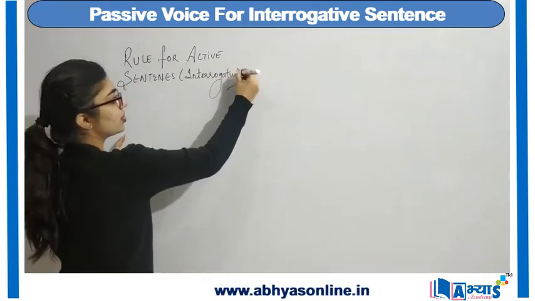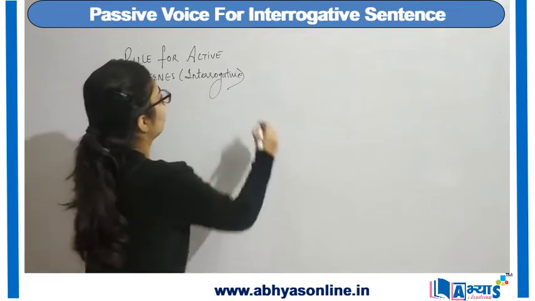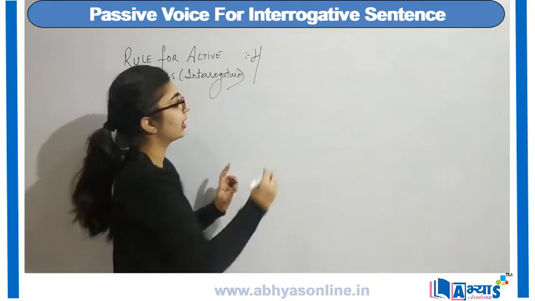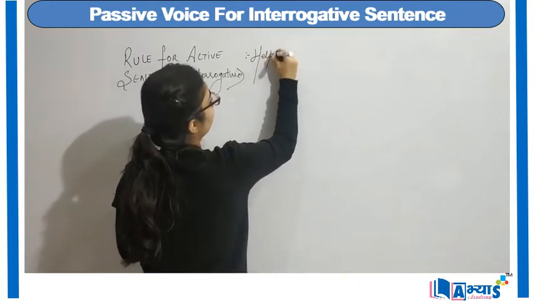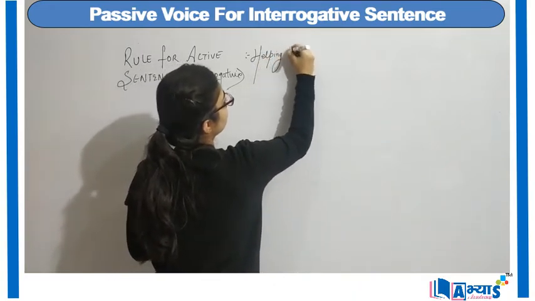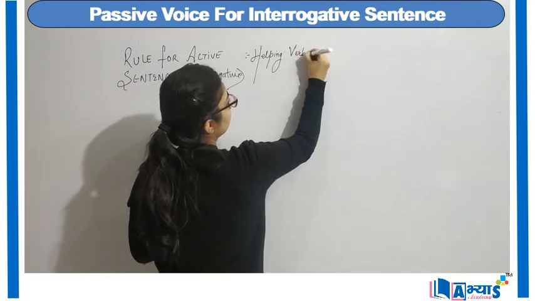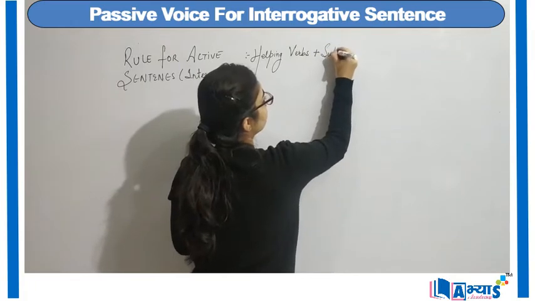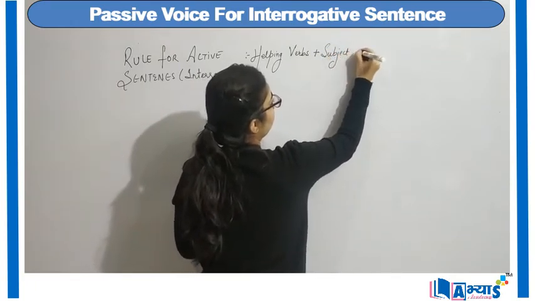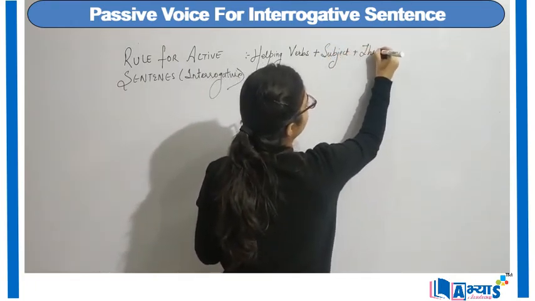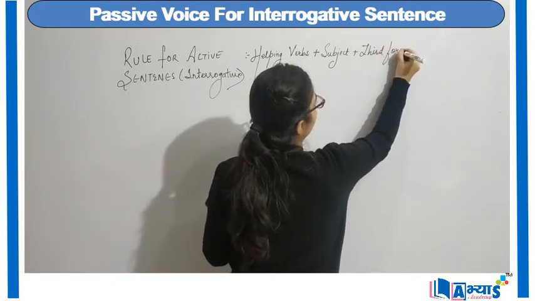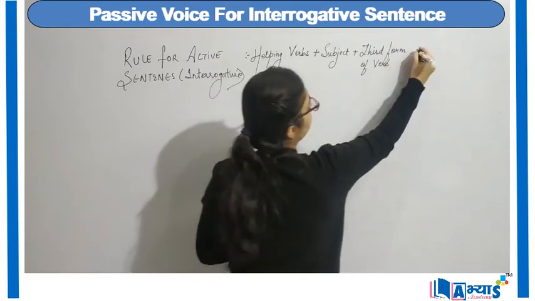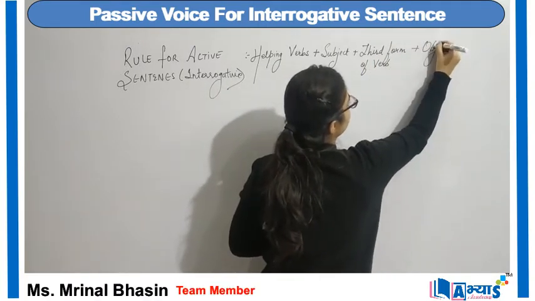The ones which are in interrogative form will always begin with helping verbs, plus the subject, plus third form of verb, plus the object.